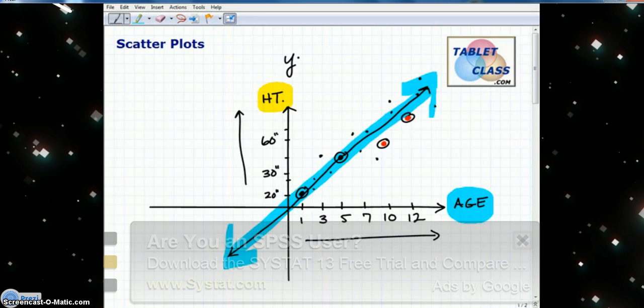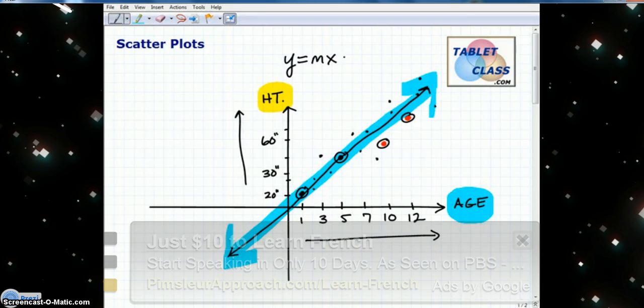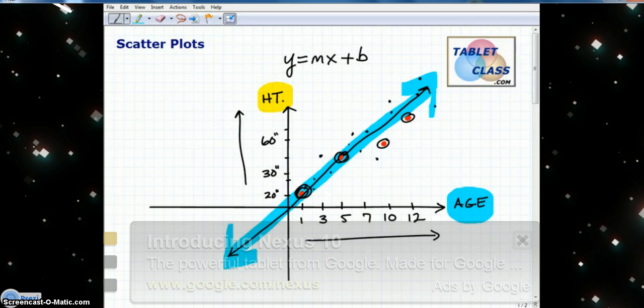That would be in y equals mx plus b form. So you'd have to pick 2 points, only 2, that best represent what's going on, so that if you connected them or drew a line through the 2 points, it would represent the best fitting line. Now your line might be a little bit different than mine, but they're going to be fairly close.